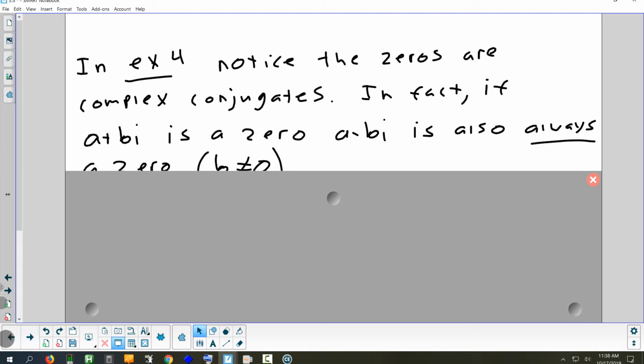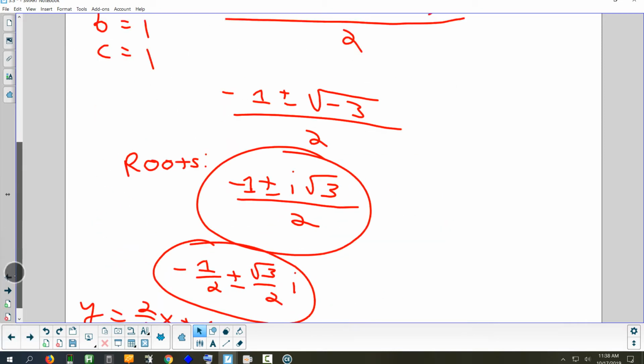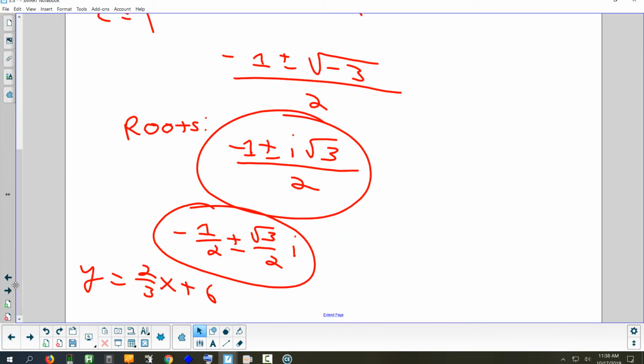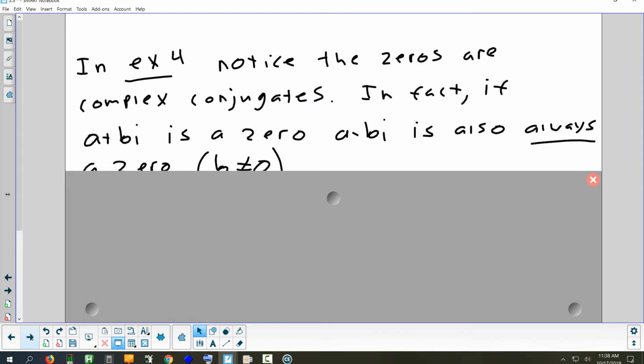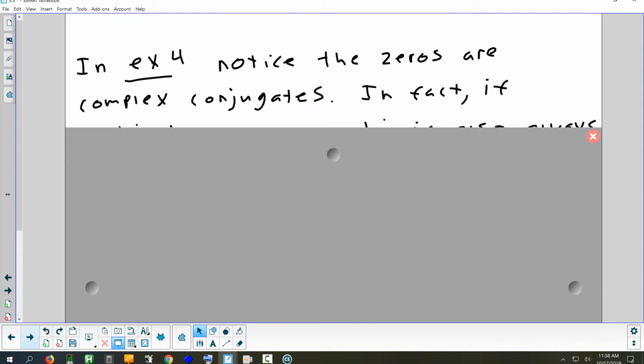So now, look at these two numbers that we just got. Negative 1/2 plus root 3 over 2i, negative 1/2 minus root 3 over 2i. Those two numbers are conjugates. All we did was change the sign of the imaginary part.